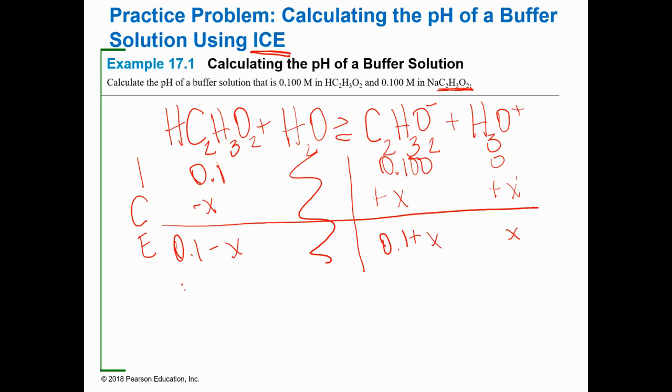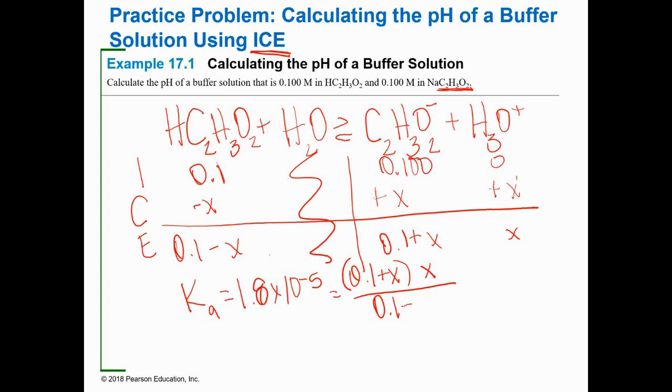Okay, acetic acid, so our Ka is 1.8 times 10 to the negative 5, which is equal to 0.1 plus x times x divided by 0.1 minus x. Okay, remember we can count our plus and minus x as negligible.